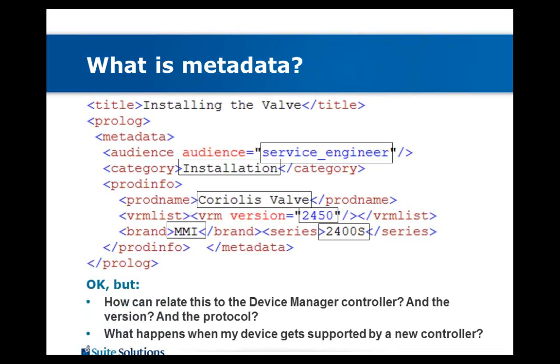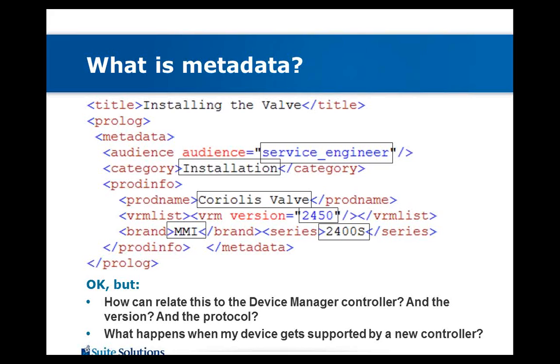Okay, but the problem with metadata is, how do I relate this information about this valve to the controller? Meaning, if I have a controller that can control hundreds of different types of valves or transmitters or different types of equipment, or if I have a device manager that can manage many devices. We're talking about Dell, or all kinds of other types of equipment.